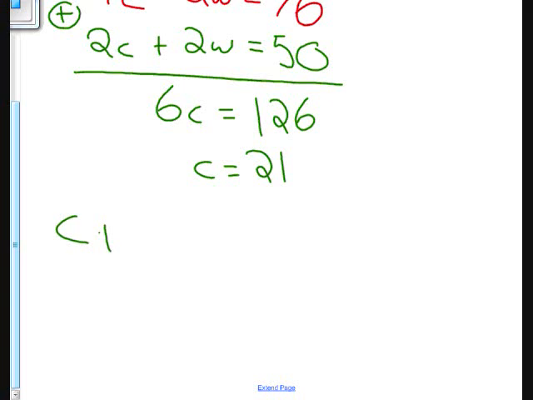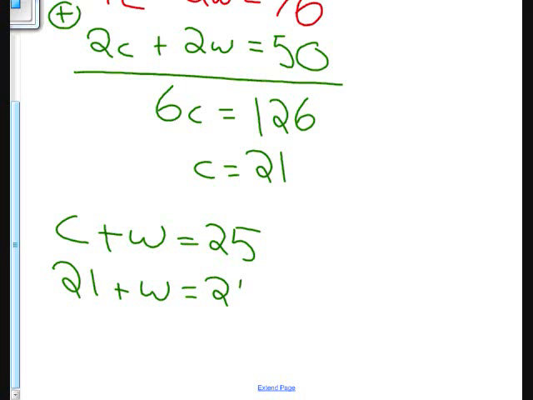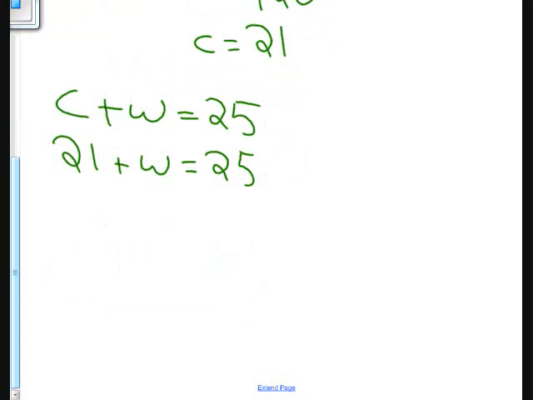We have C plus W equals 25. 25 minus 21, W equals 4. Yeah, that's what I did eventually.